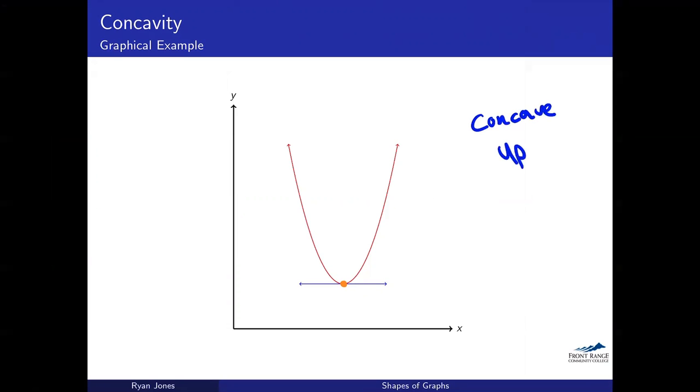And I'm going to keep that red function the exact same, and I'm just going to change the tangent line to look at a different point here, maybe off more on its side. Here, that red function is still above, still larger than that blue tangent line, in which case we would again say concave up.